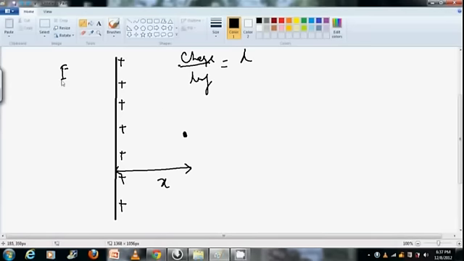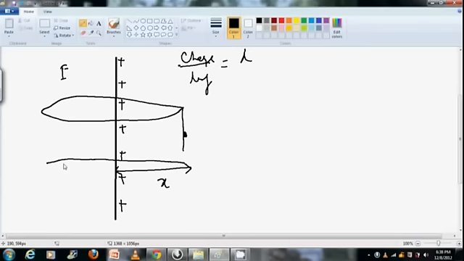If we use the power of symmetry. How can we use the power of symmetry? Let me take a cylindrical shell here, a cylinder whose axis is this wire only.